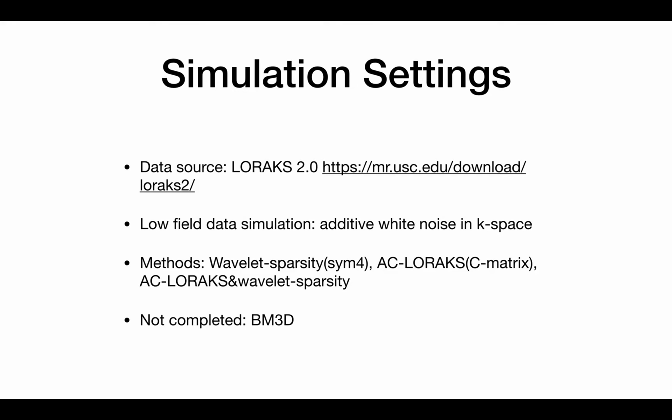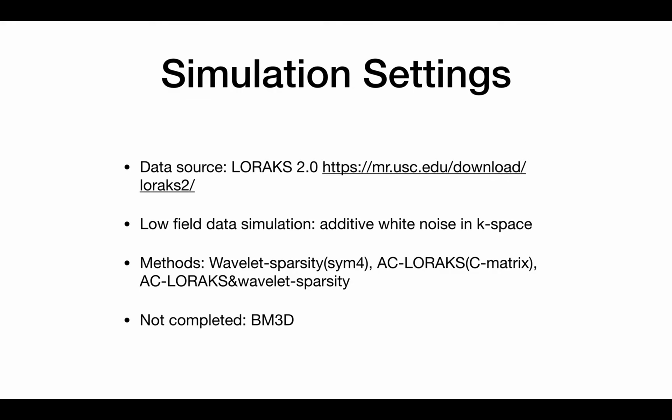Before that, I want to say something about the simulation settings. The data source is from the LORAKS software, and since I have no access to low-field data now, I simulated it by adding white noise in k-space. The methods I will compare are wavelet sparsity and AC-LORAKS and their combination.